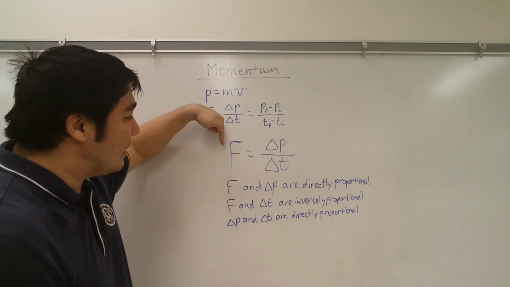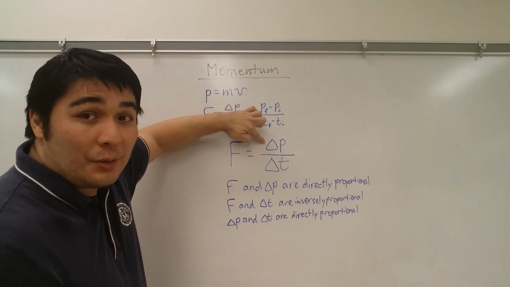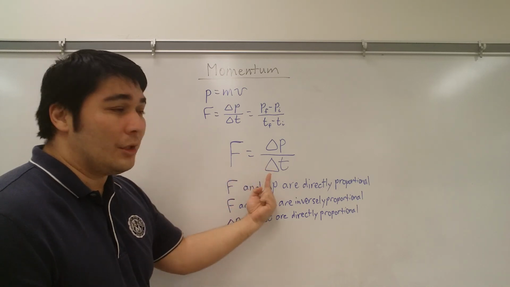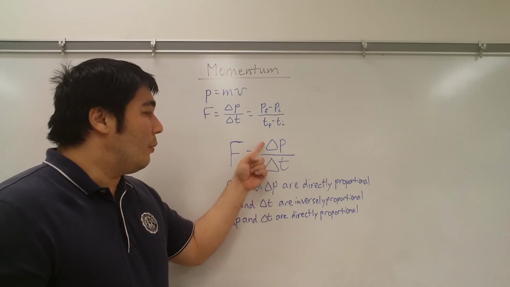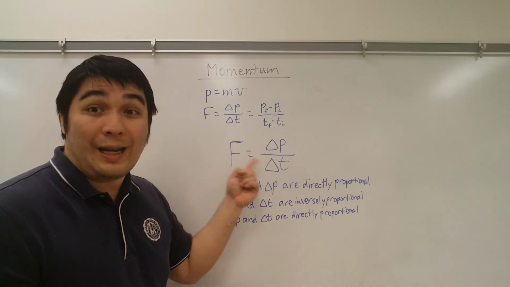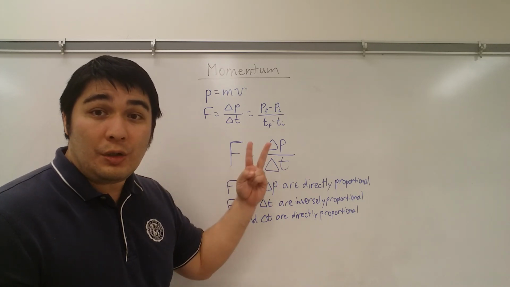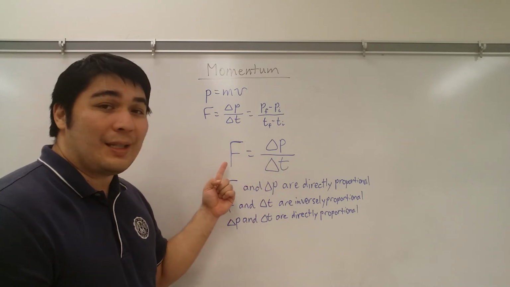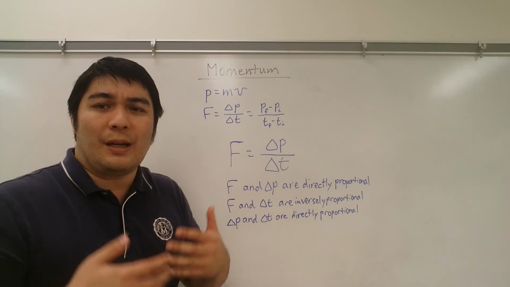So let's assume in this case that force is constant. If delta P goes up, then delta T has to go up as well. So for example, if this was 1 and 2, so the force was 1/2, then if delta P goes to 2, delta T needs to be 4, because this force cannot change, without other energy inputs or any other forces.